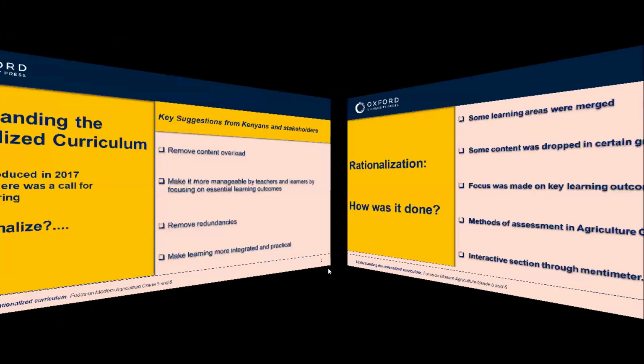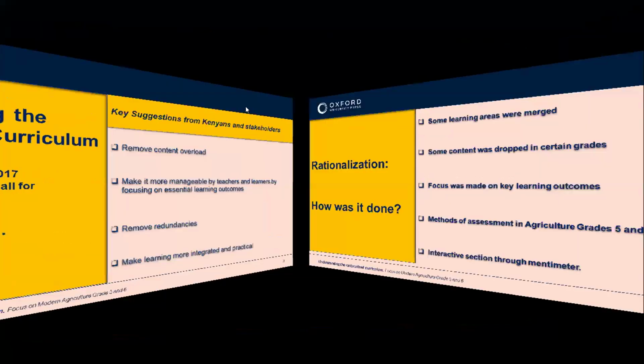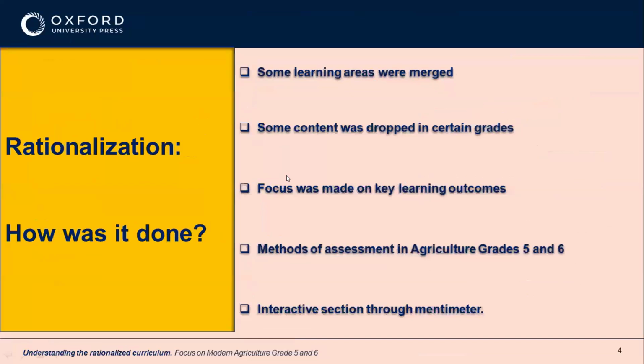So as we were saying, teachers, sorry for that. There were suggestions, teachers, to make it more manageable by the teachers' own learning outcomes. I'm going to share some examples later on of differences between the new curriculum and the old curriculum, of course both of them CBC curriculum. During this time, the suggestions were that some learning areas were supposed to be merged.